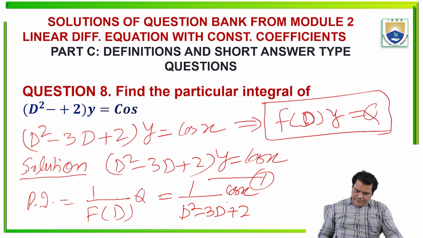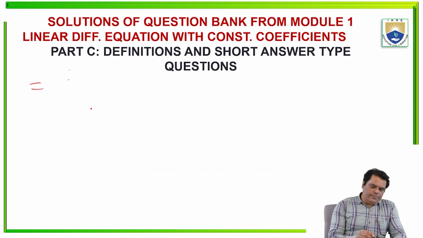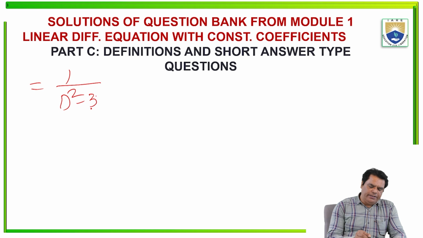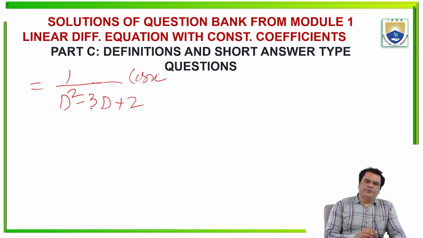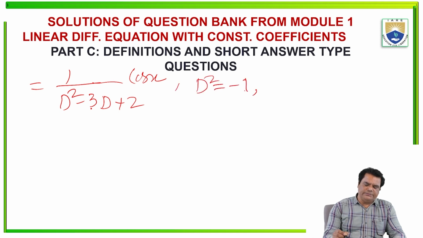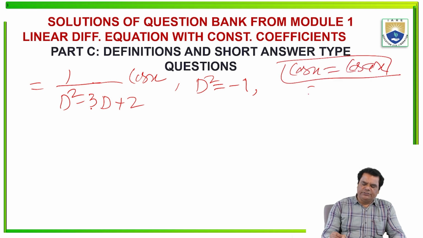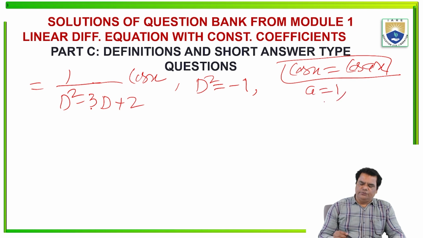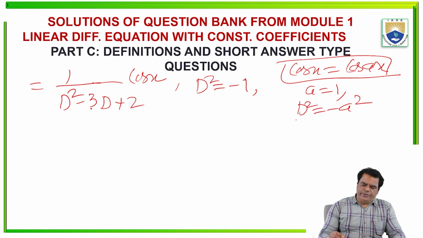So how can we find P.I.? This equals 1 upon D square minus 3D plus 2 into cos x. In this case, putting D square equal to minus 1 because a is 1 here. Cos x compared with cos ax, so a is 1. Putting D square equal to minus a square, D square equals minus 1 square, which is minus 1.